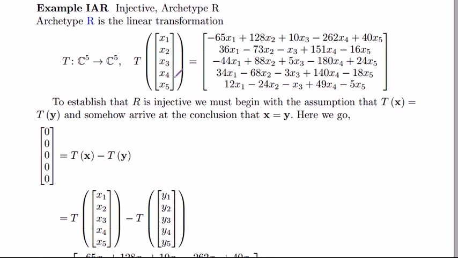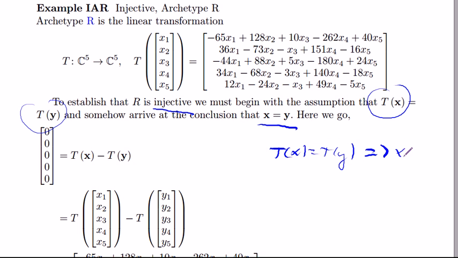For injective, let's take a look at this mapping. Here's another mapping that's defined by its action on a vector, so a 5-component vector maps to a 5-component vector. Let's try to prove that it's injective. We want to show that if T of x equals T of y, then x equals y. That's what we're going to try to show. Now, let's start with the statement T of x equal to T of y.